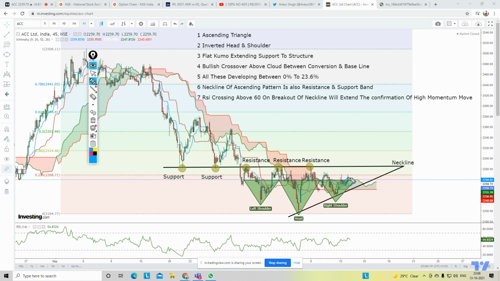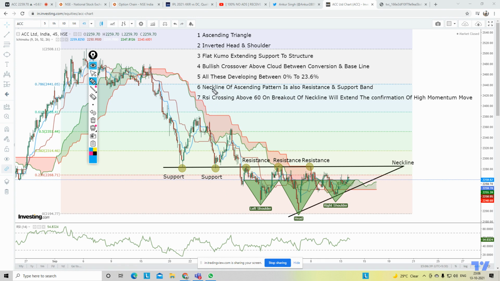So over here, the conversion line and baseline is forming a bullish crossover. If this crossover would have happened below the cloud or within the cloud, it would not be considered as a strong bullish signal. So since it is happening above the cloud, it will be considered as a strong bullish signal.